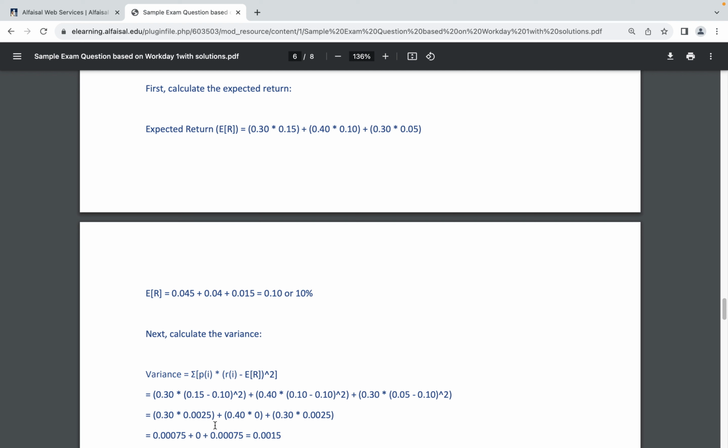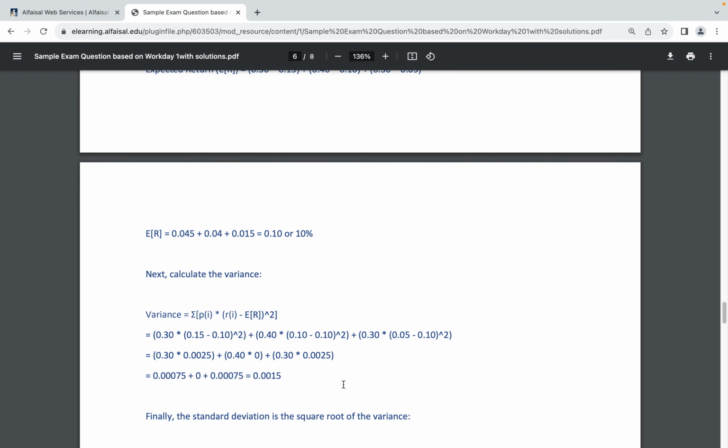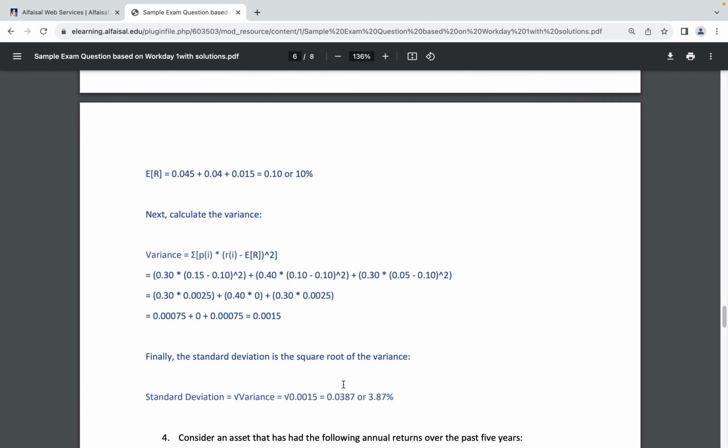So we have our three values here. When we calculate them, we get 0.00075 plus 0 plus, again, 0.00075, which gives us 0.0015.